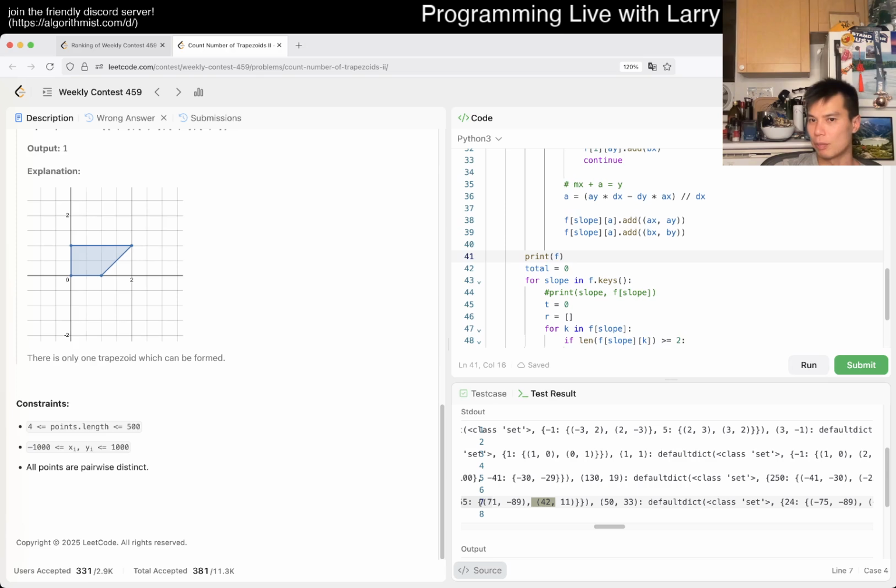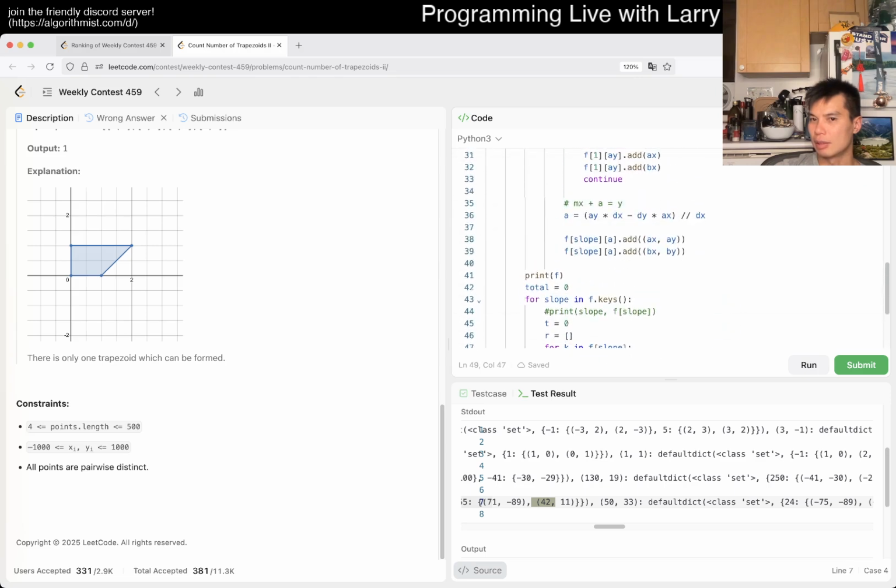So you could give a slope and a distance, right? But that means that if ax, ay, we don't even count it, but here we want slope, intercept, parallelogram.